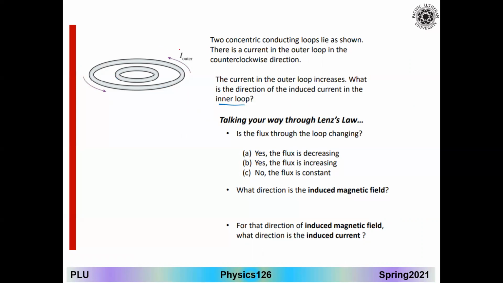With the right hand rule, we find the magnetic field will point up in that direction, and that magnetic field will cross the inner loop in the same direction. So we have that one here pointing up, and here we call it the magnetic field from the outer loop, or from the outer current.